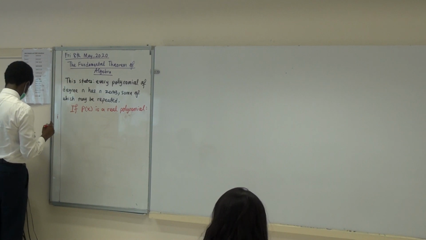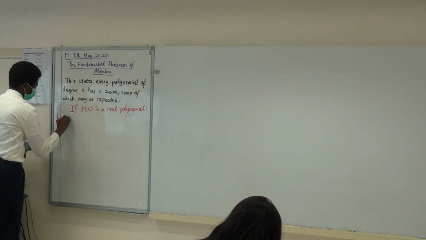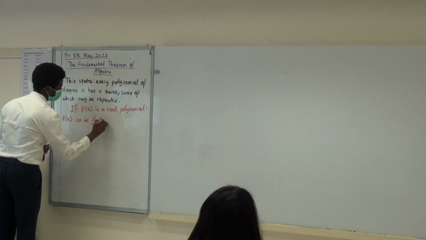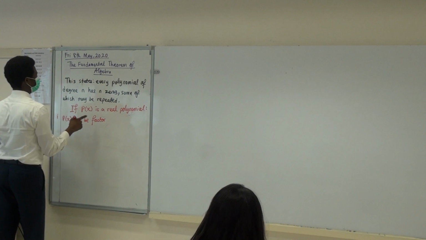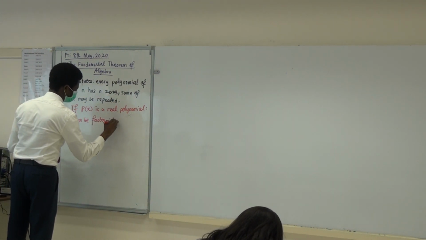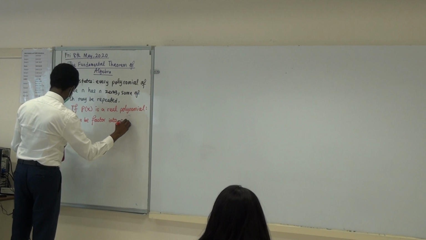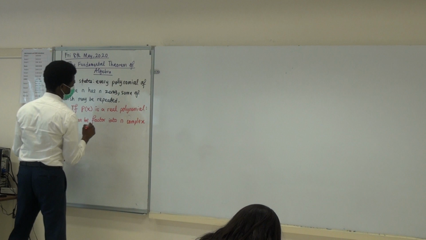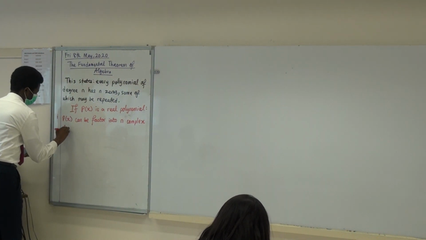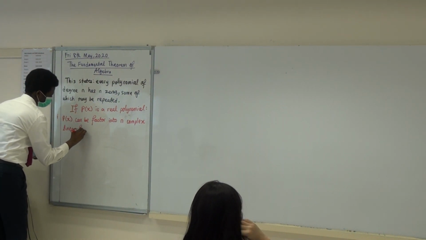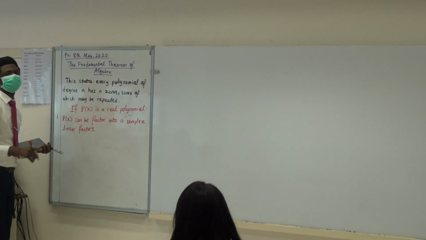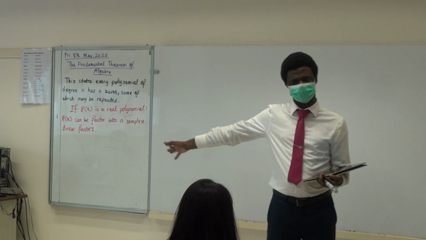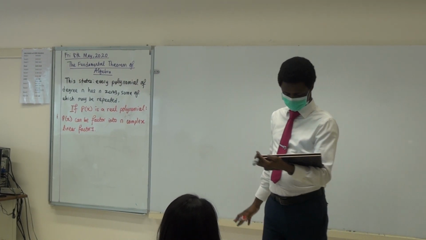One, p of x can be factored into n linear factors, n complex linear factors. We're using the word complex here to generalize a plus ib. So, of course, real is part of this. Okay? That's one.